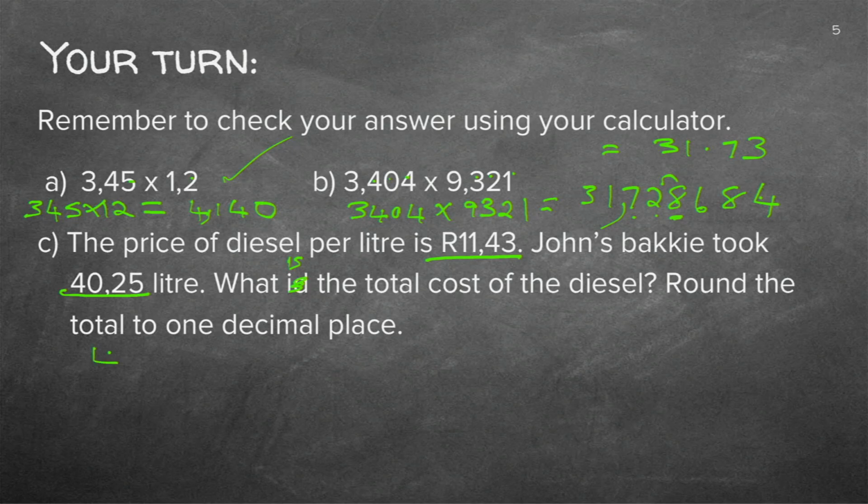We're going to try and find the product of 4025 and 1143. And if we multiply this together, we're going to get 46,00575.